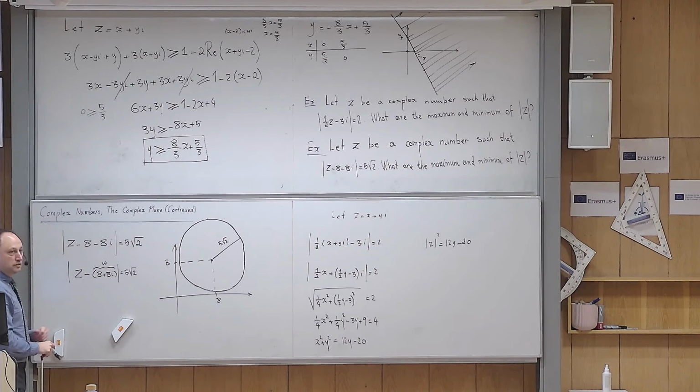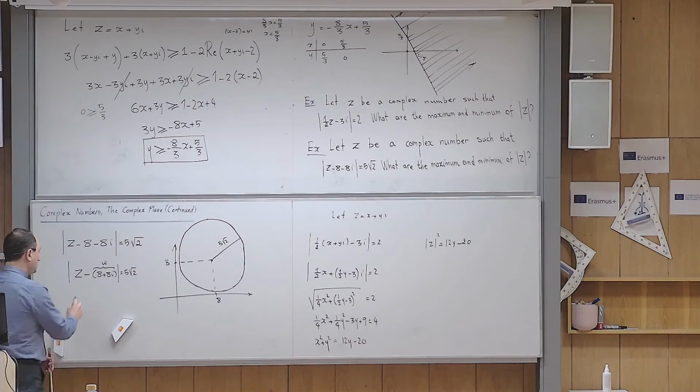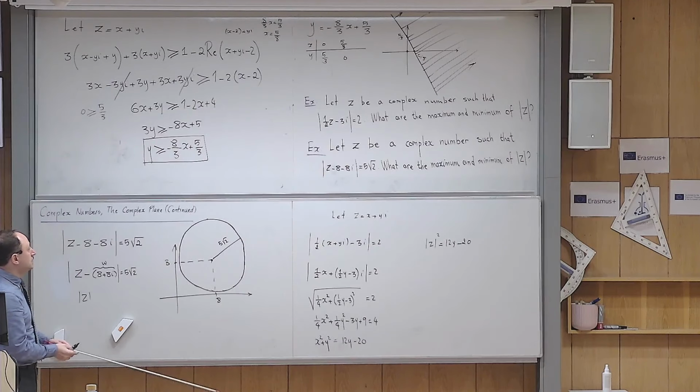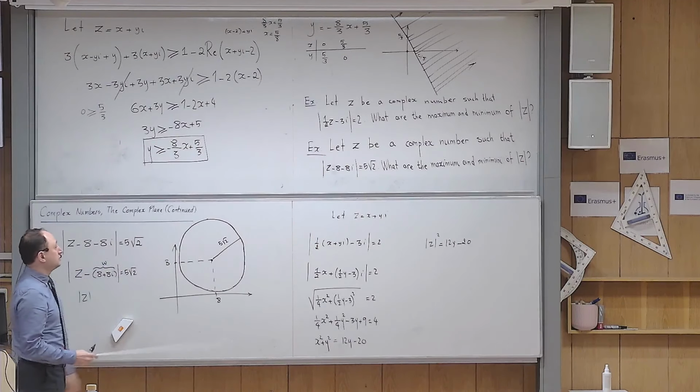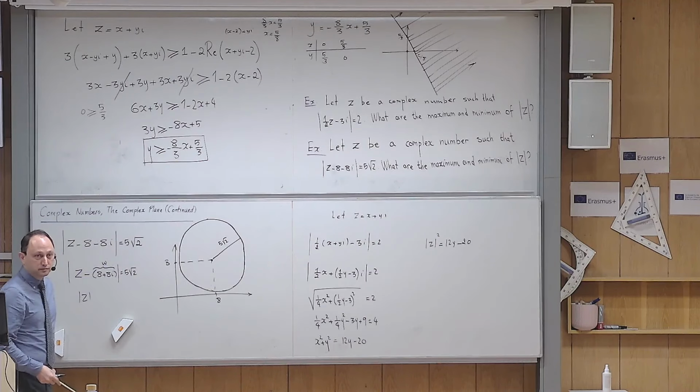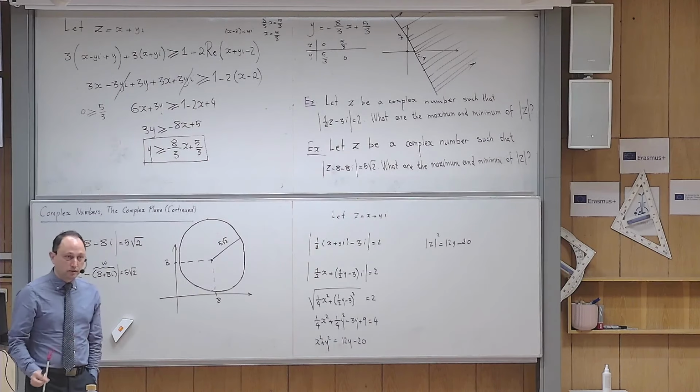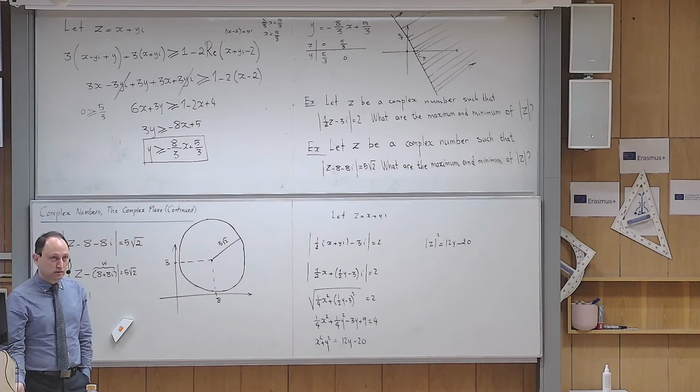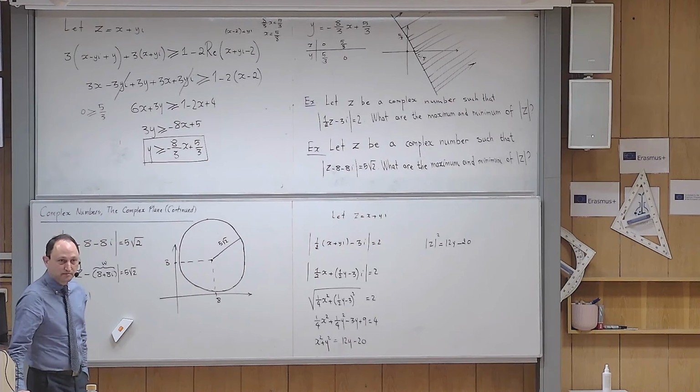The question is the same. I want to find the maximum of |z| and the minimum of |z|, but this time instead of having z on that standard circle, I have it on this circle. What is your opinion about it? Let us see, anyone else? 8 plus 5√2. No, how do you come to that conclusion?